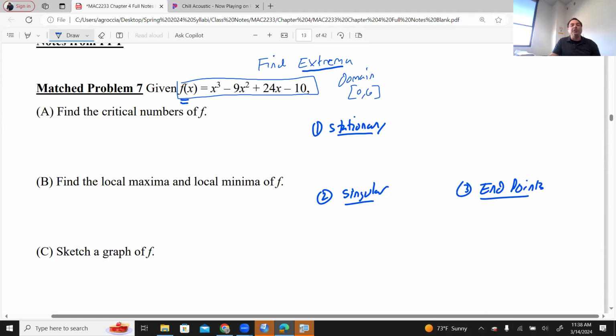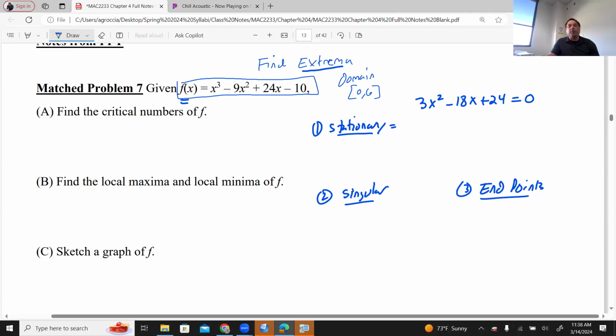So how do you find stationary? Well, to find stationary, you take the derivative of the original, that's 3x squared minus 18x plus 24, and set it equal to 0. As we do that, you have to know how to take a derivative. Okay, so that's step one. Step two, we set it equal to 0, which means you need to know how to solve. Yes, this is quadratic.